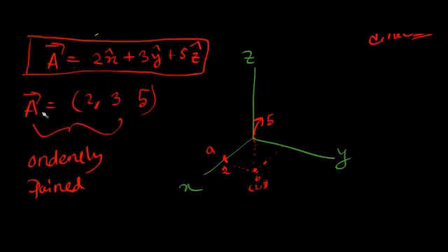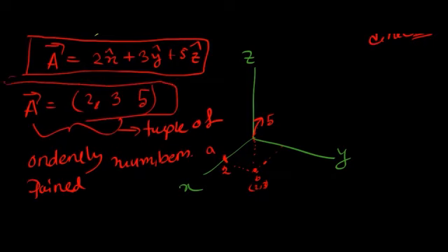We can even represent this vector as 2 3 5. That is a tuple of numbers. Let's call this equation 1.